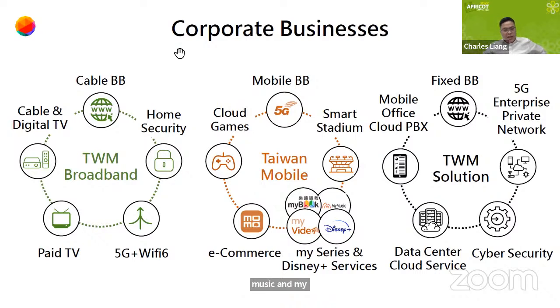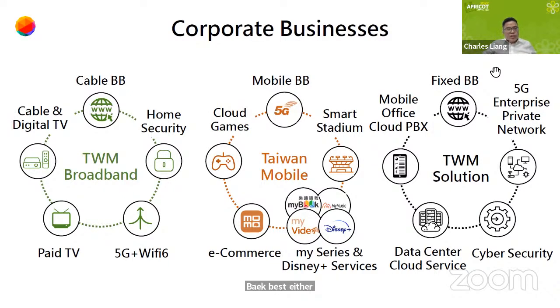Smart stadium. The mother company of Taiwan Mobile is Fubon Group. Fubon owns two professional teams. One is the Fubon Guardians baseball team, and its home is in New Taipei, Xinzhuang Baseball Stadium. The other one is the Taipei Fubon Braves basketball team, and its home game is in Taipei, Heping basketball stadium.